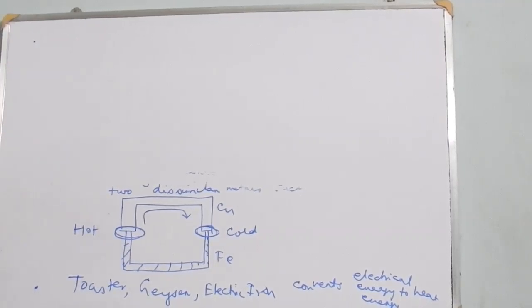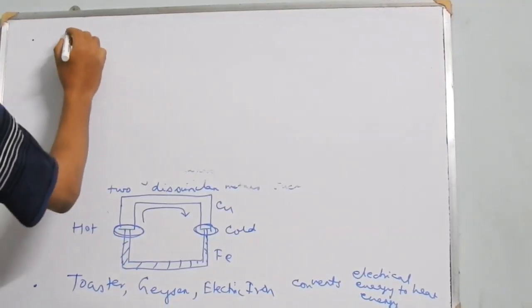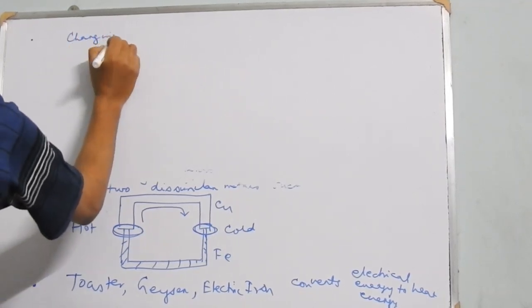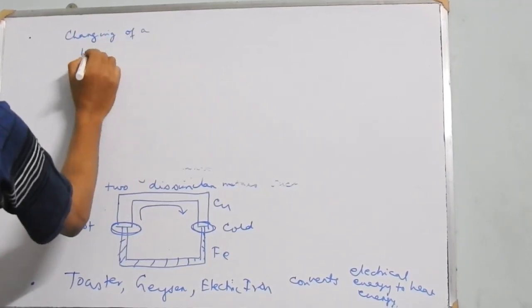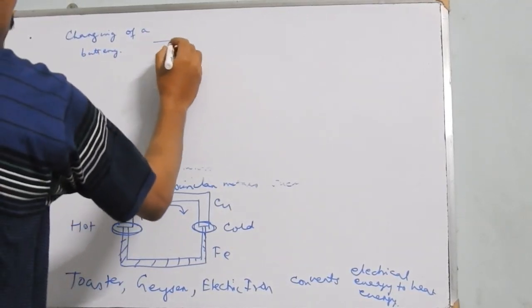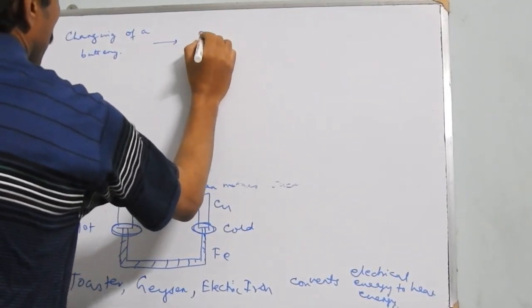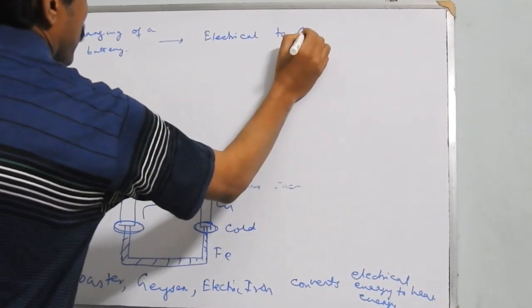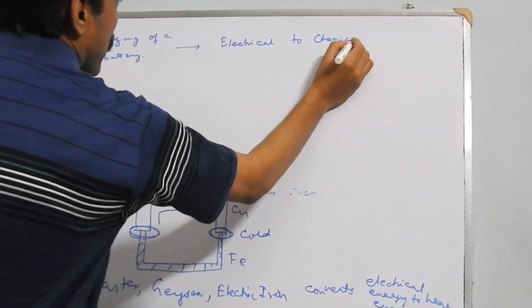If the battery is rechargeable, then it can be charged. So charging of a battery is a process where electrical energy is converted to chemical energy.